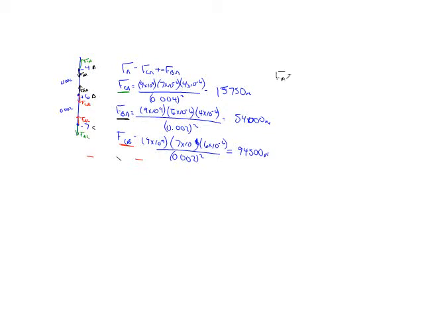Okay, so FA is equal to positive FCA minus FBA. So this will be CA 15750 minus BA.